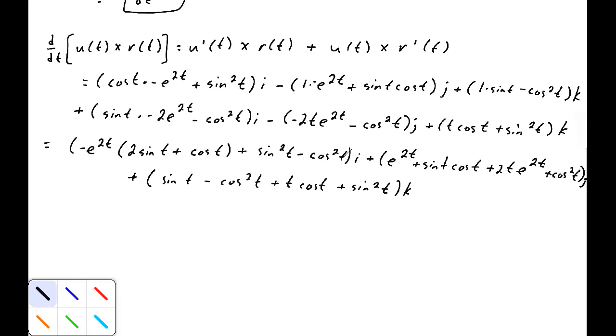Now, we need to recognize at this point that sine squared t minus cosine squared t is equal to cosine of 2t, so that this simplifies just a bit.